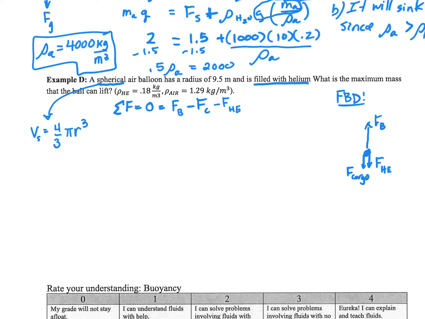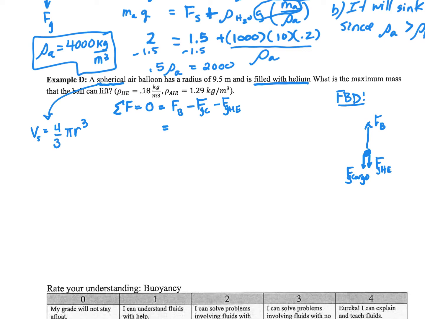Yep. And we could really do force of gravity on the cargo and the force of gravity on the helium if we wanted to be more specific, right? And not forget what we're dealing with here. So, buoyant force. Buoyant force is going to be what?